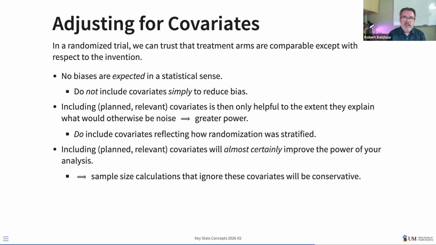If clinical condition at the start of the study is an important predictor of how they will do over the course of the study, but you don't feel that you can stratify on the basis of clinical condition, including clinical condition as a covariate in the analysis will almost certainly improve the power, but that's only to the extent that they actually explain what would otherwise be noise. Okay, but you should include the planned covariates, those covariates on which you did your stratification.